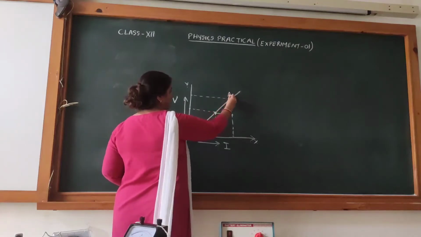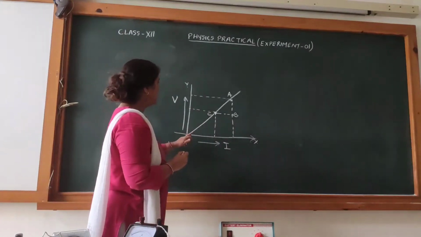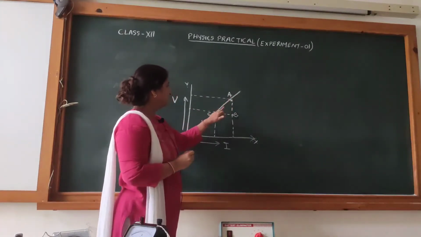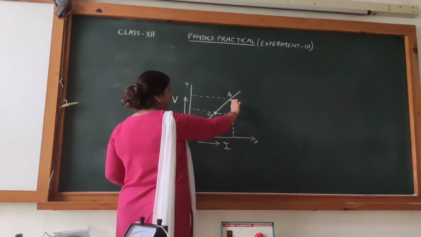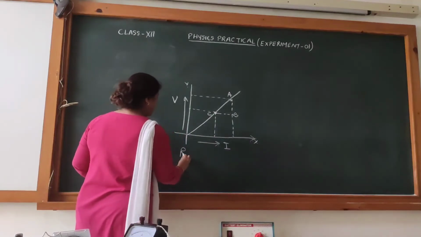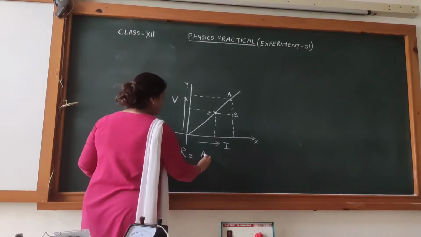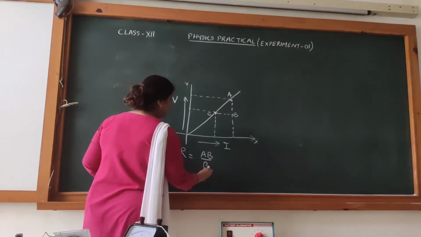Let the points be A, B and C. So for finding the slope of this straight line, you will find out tan theta. Tan theta means perpendicular upon base. So R will be equal to AB upon BC.